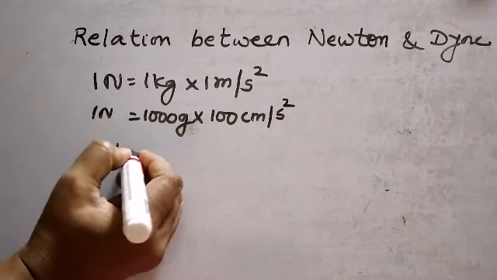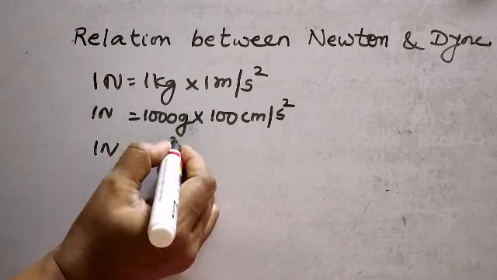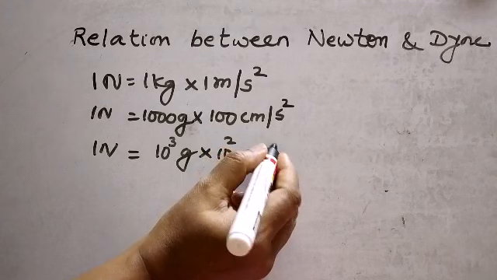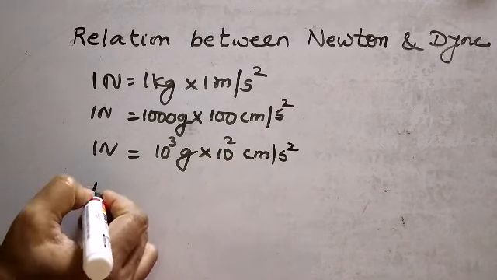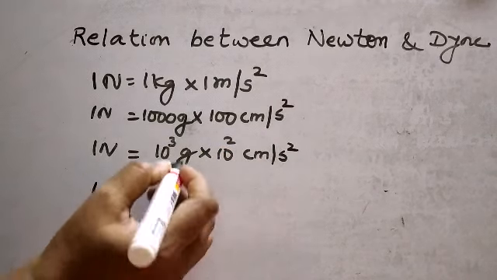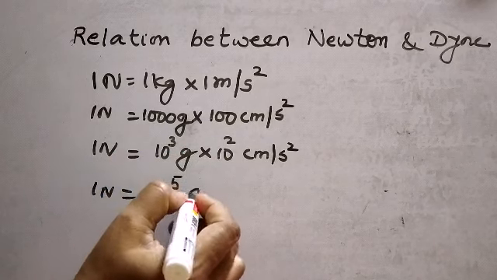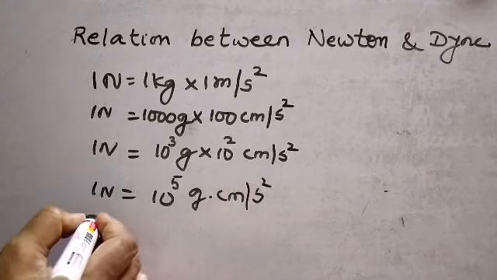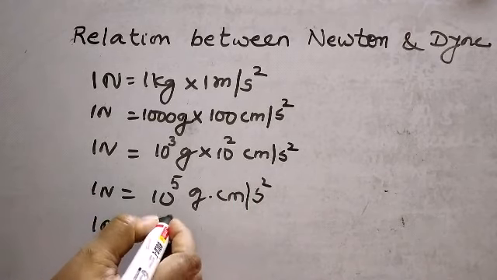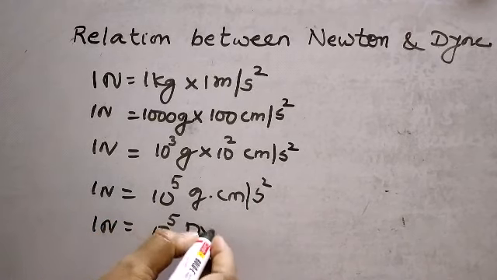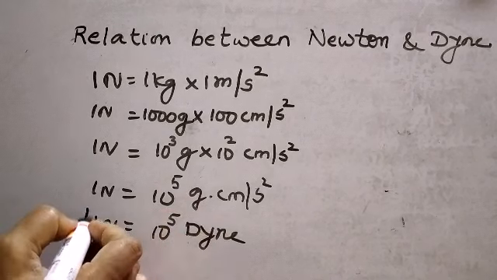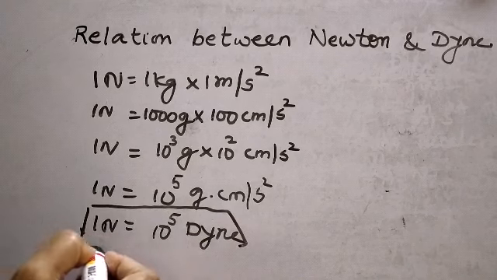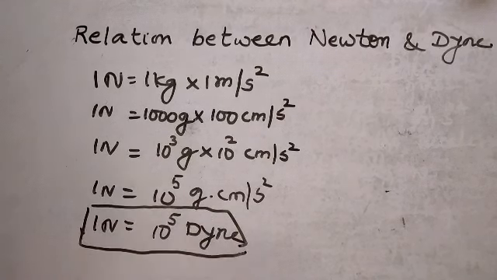So 1 Newton is equal to 10 raised to 3 grams into 10 raised to 2 centimeter per second square, which is 10 raised to 5 gram centimeter per second square. What is gram centimeter per second square? Dyne. So 1 Newton is equal to 10 raised to 5 dynes.